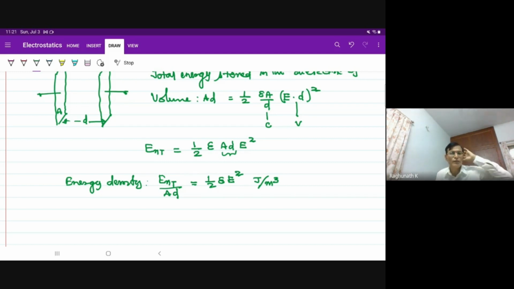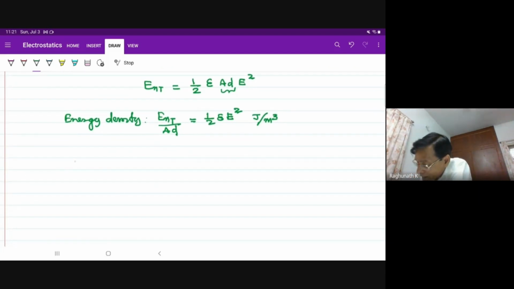Just to strengthen this point, let us consider the cylindrical capacitor, or spherical also, but I will consider cylindrical because it is practical for me.